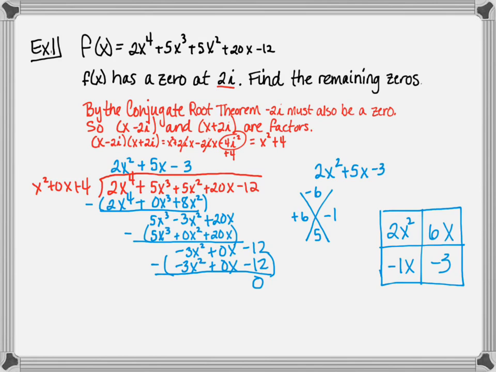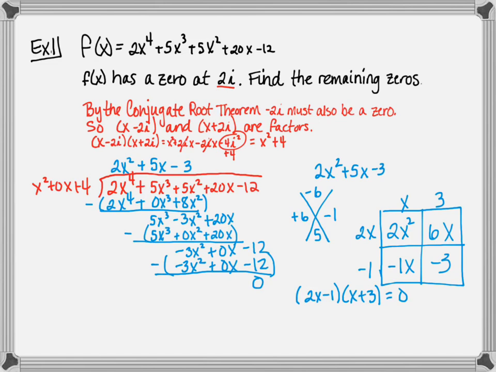So with the first row, the greatest common factor is 2x. In the second row, it's negative 1. In the first column, the greatest common factor is x. In the second column, it is 3. So our factors are 2x minus 1 and x plus 3.